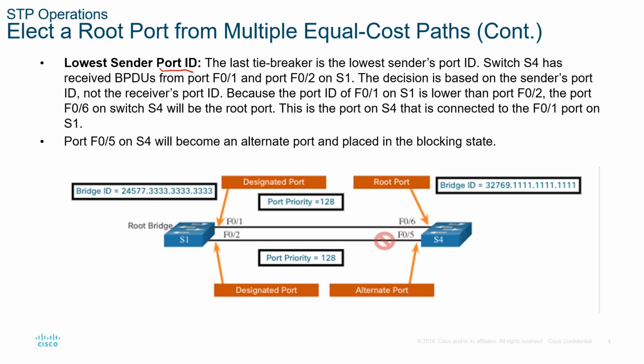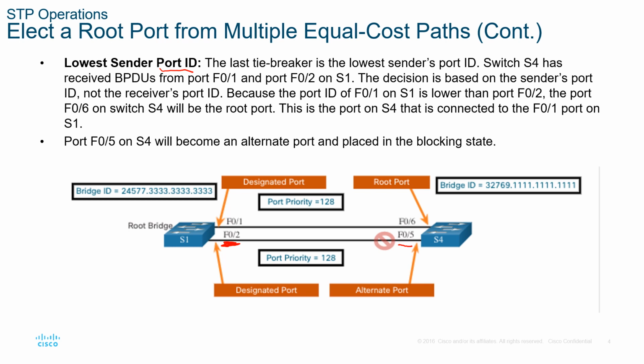So now, for example, for port F06 here, the sender port ID is F01. And for port F05 on S4, the sender port ID is F02. So which one is the lowest?